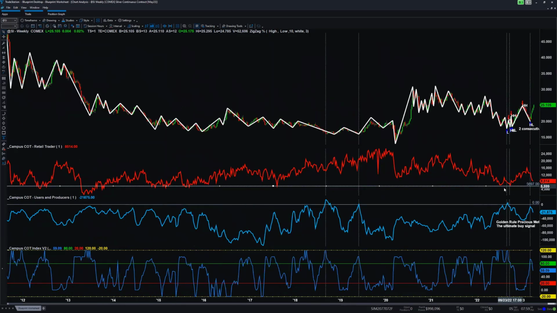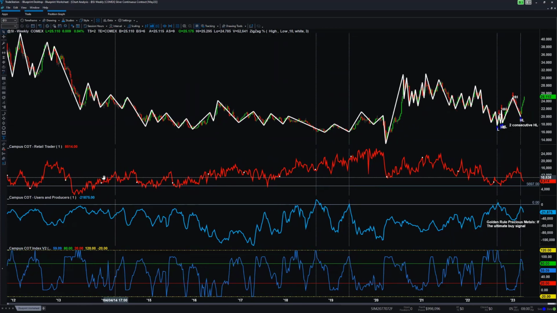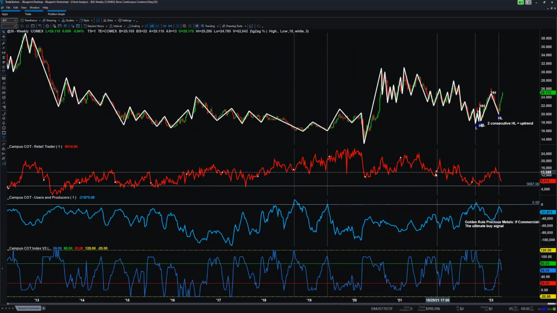They were down here. When was the last time they were down here? In 2017. Oof, not a good time to be a seller here. Price just rallied after. So here as well, price just rallied. So whenever they're down here, it's not usually a very good time to be a seller.